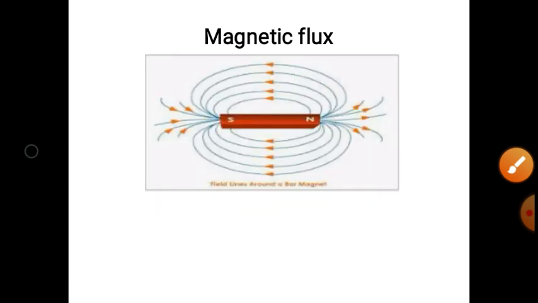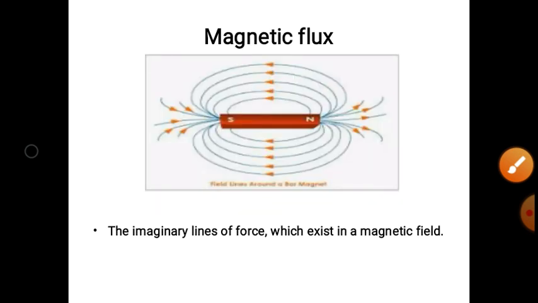So moving to the next concept, it is magnetic flux. So magnetic flux is nothing but the imaginary lines of force which exist in a magnetic field. So there is one magnet shown here and around the magnet there will be a magnetic field. So there are some imaginary lines of force which will be traveling from north pole to south pole.